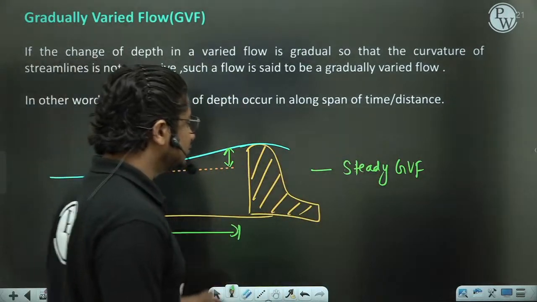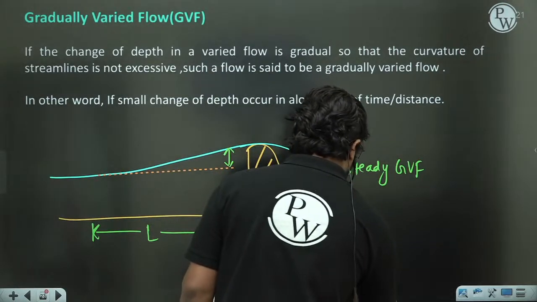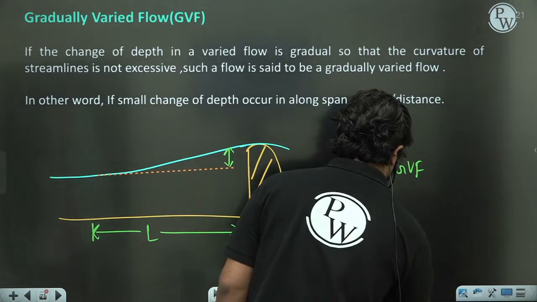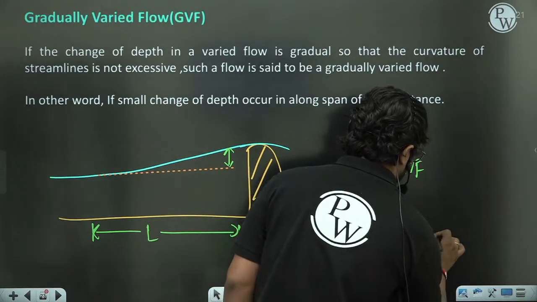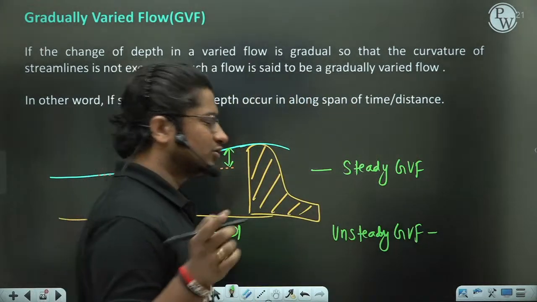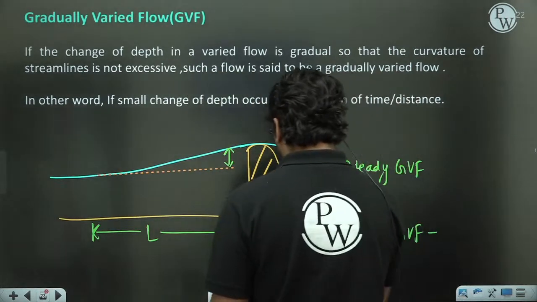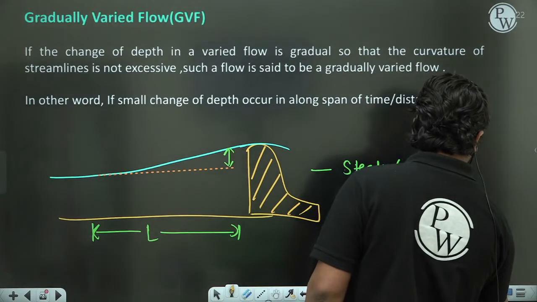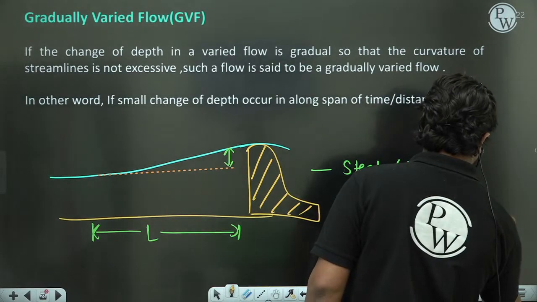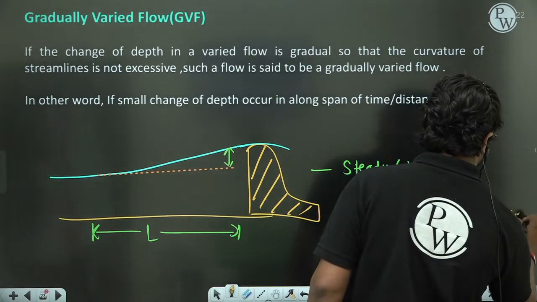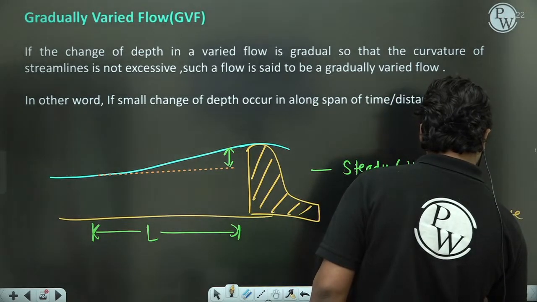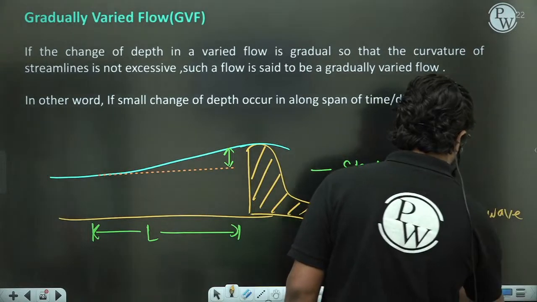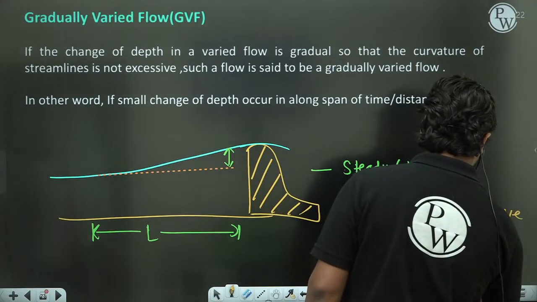But now assume unsteady GVF. I'm giving an example, I think you all can understand completely. Flood wave, during a flood wave in a river.